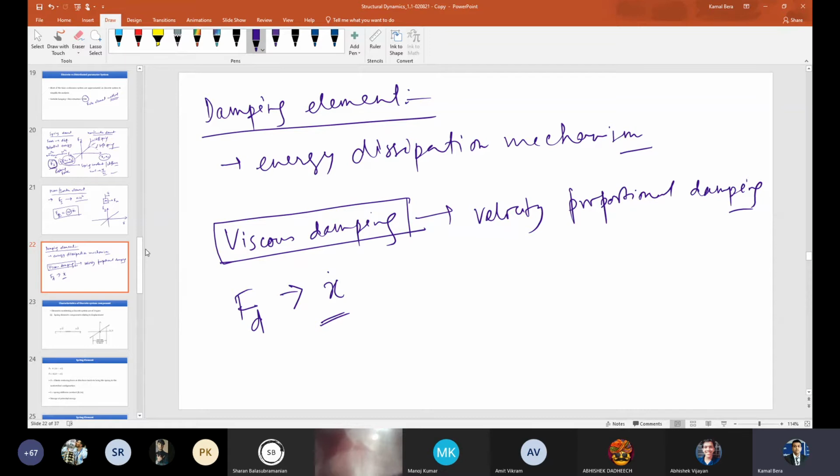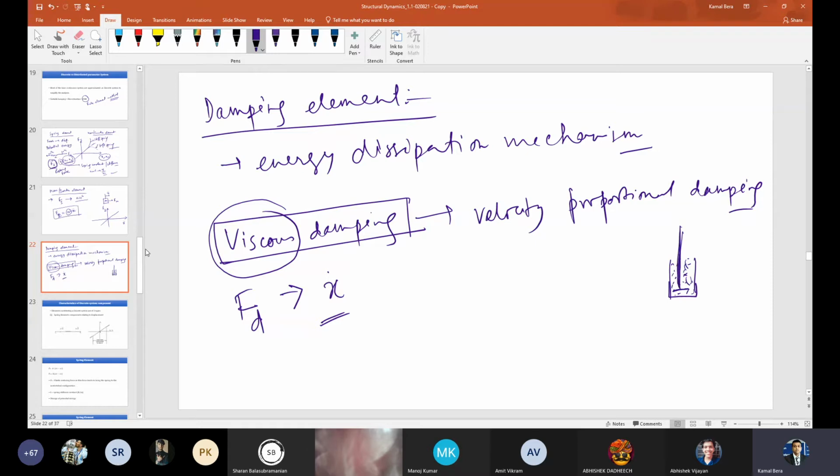So what is viscous damping? The terminology means the viscosity of the fluid, the liquid or the air, like oil. It is represented like a cylinder with a piston inside, filled with, let's say, oil or water, which has some viscosity.